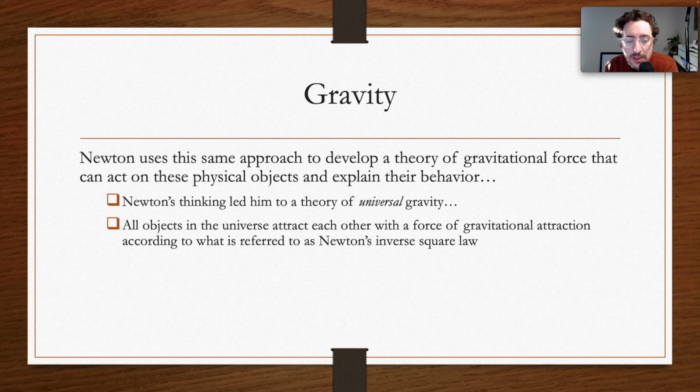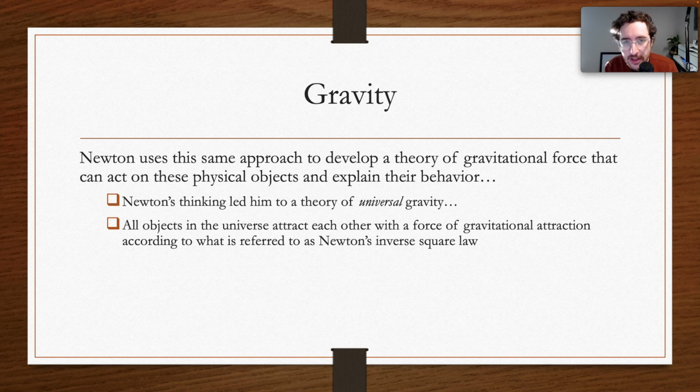The idea here was that all objects in the universe attract each other with a force of gravitational attraction, according to what's referred to as Newton's inverse square law. We're not going to go through the details of what that inverse square law is. The important part here is that it's described mathematically. There's also this idea of proportion, and this gravitational force applies to everything equally throughout the universe, both on Earth and in the celestial sphere, so outer space essentially.